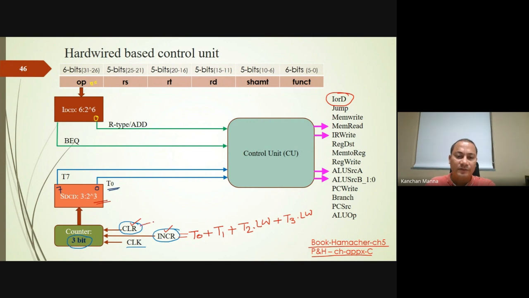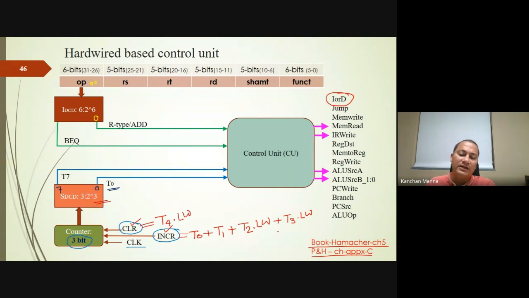So at that time also we have to set the value 0, because 0 means it is T0. T0 is nothing but fetching the instruction. So here we have T4 and LW. Why have we written T4 LW here?